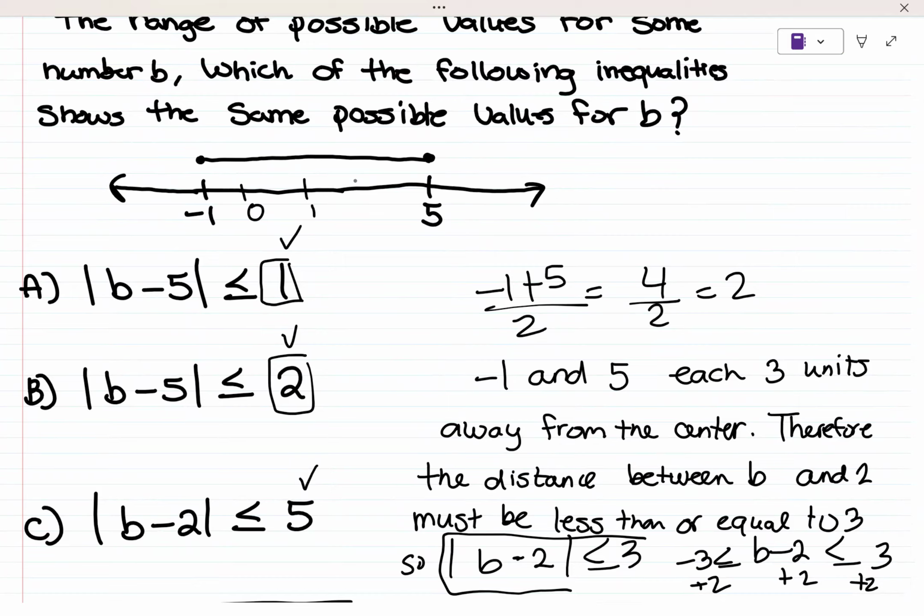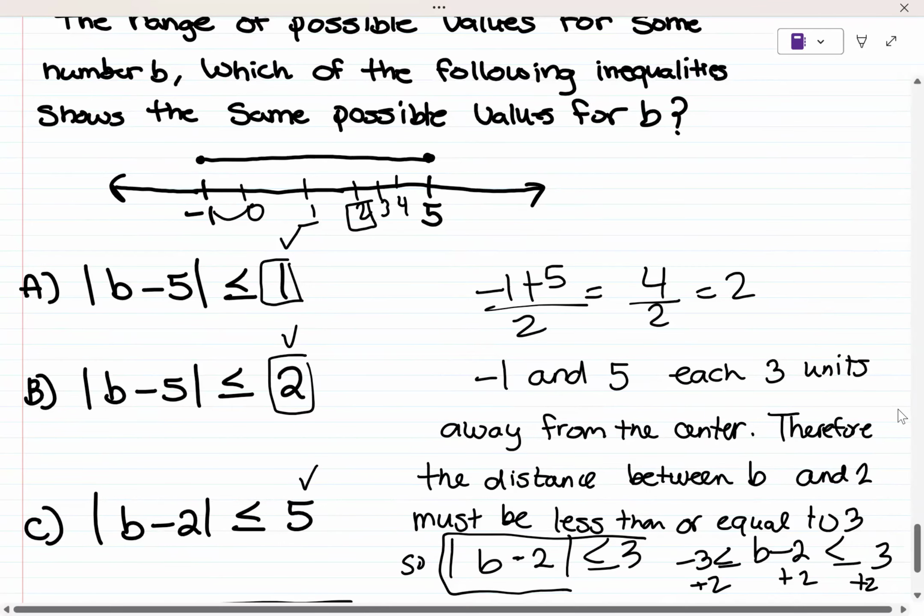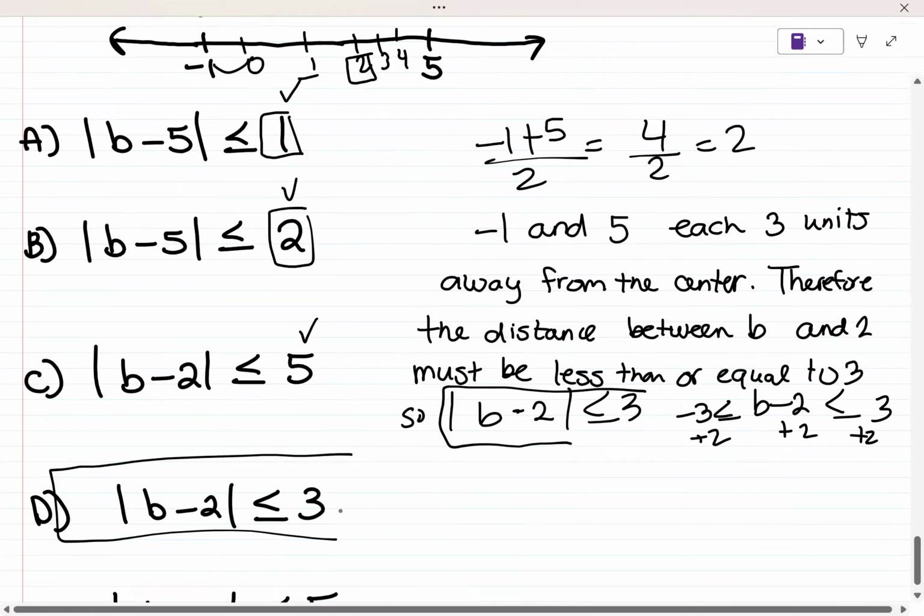This is 1. This is 2, 3, 4. That's how many units? 3 points from the center. So the center was 2. So from -1 to 2, that'd be 1, 2, 3. That's 3 points. So that's how I got 3 right here.